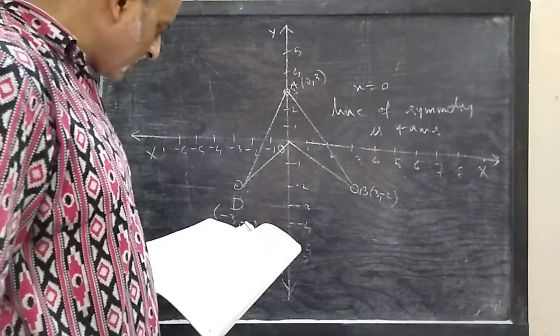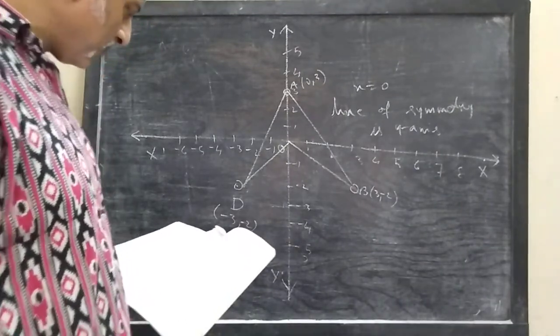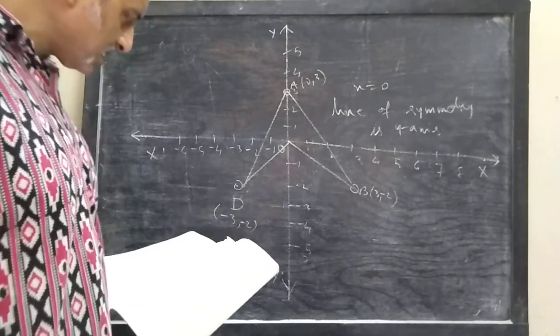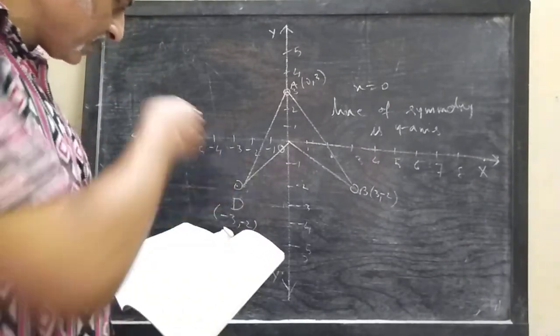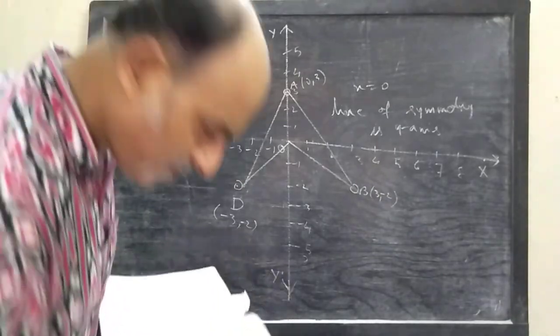Next question. The point P (3, 4) is reflected to P' in the x-axis and O' is the image of O when reflected in the line PP'.